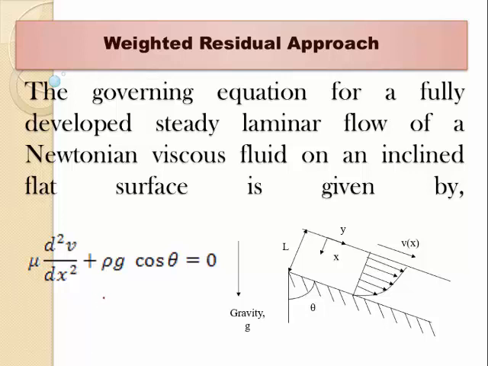This expression is applicable between the limits 0 to L. Here mu is the coefficient of viscosity, v is the velocity of flow, rho is the density of the flowing fluid, g is acceleration due to gravity, and theta is the inclination between the inclined plane and the vertical plane.